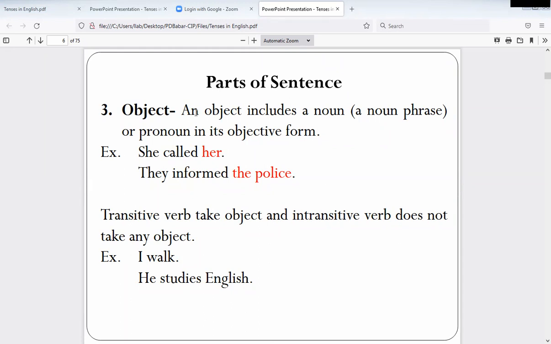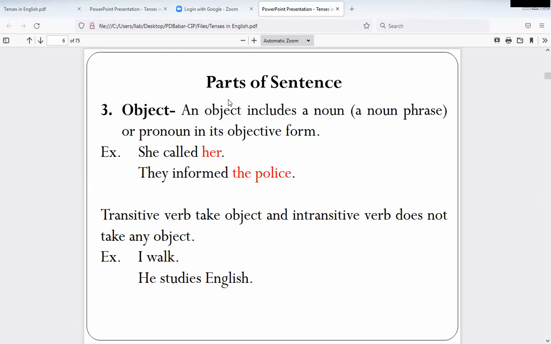What is its definition? An object includes a noun phrase, or a pronoun in its objective form. Okay, so what is an object? An object is, or it includes, a noun phrase, or it may be a pronoun in its objective form.